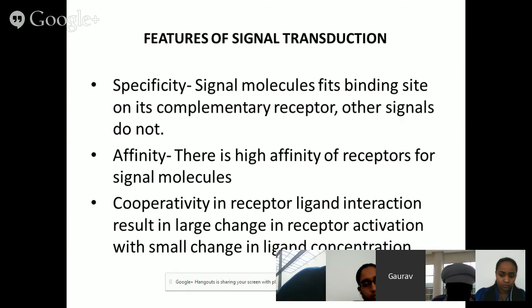Third, cooperativity in receptor-ligand interaction results in a large change in receptor activation with a small change in ligand concentration. That means when molecules bind on a receptor, the receptor induces large changes inside a cell. That's called cooperativity. So the three features are specificity, affinity, and cooperativity.